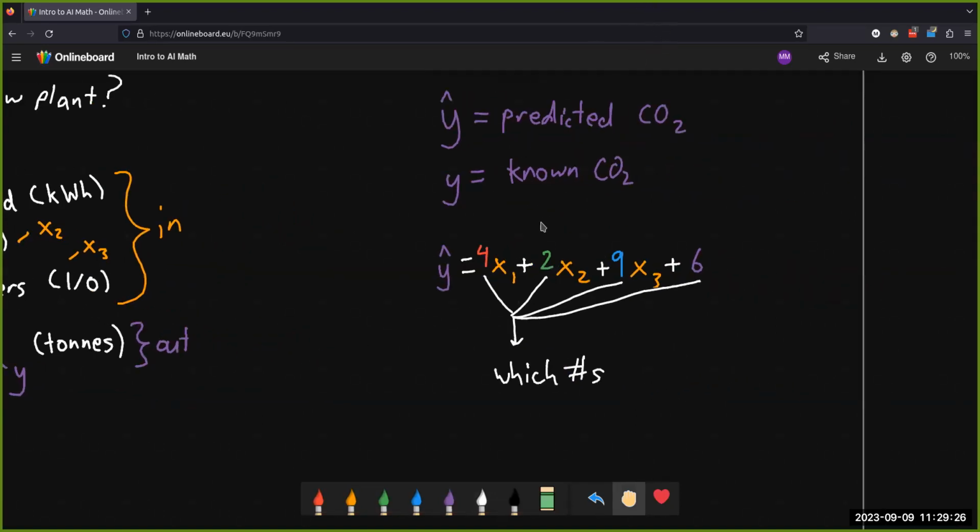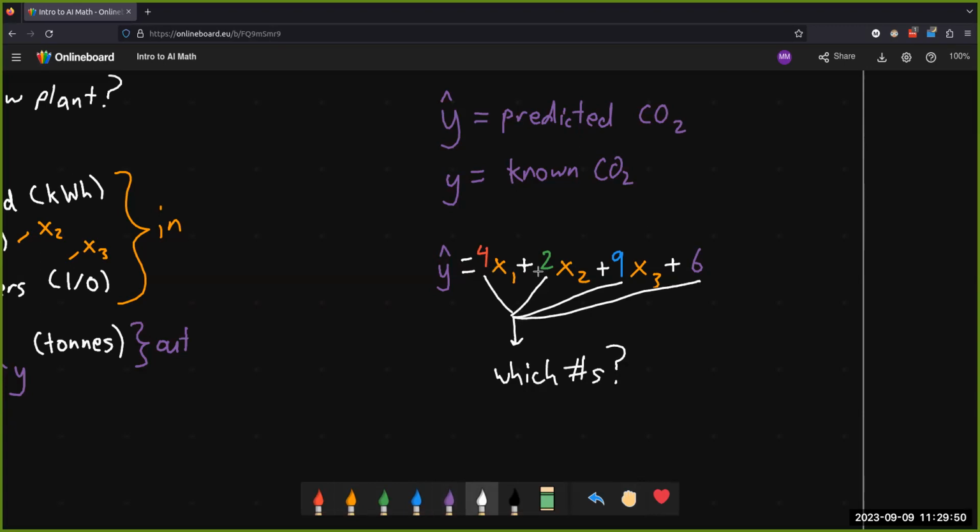I see some questions popping up. Yeah, someone is saying replace 4 with A and 2 with B. You're treating the numbers like variables, and that's essentially what they are. So we have to figure out, not we, the AI algorithm has to figure out for us which numbers to put in here.